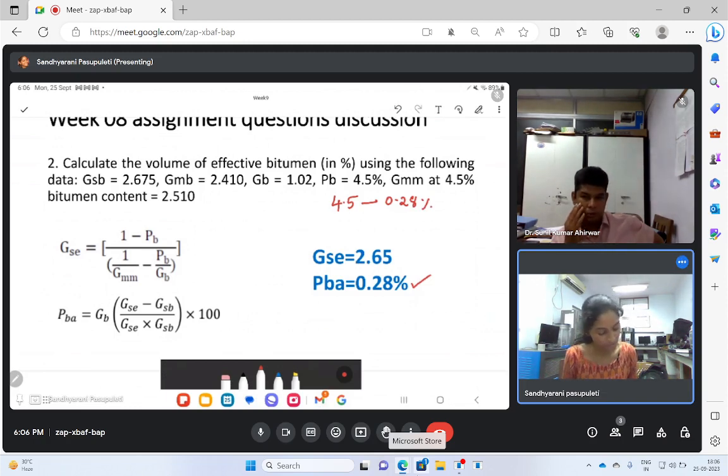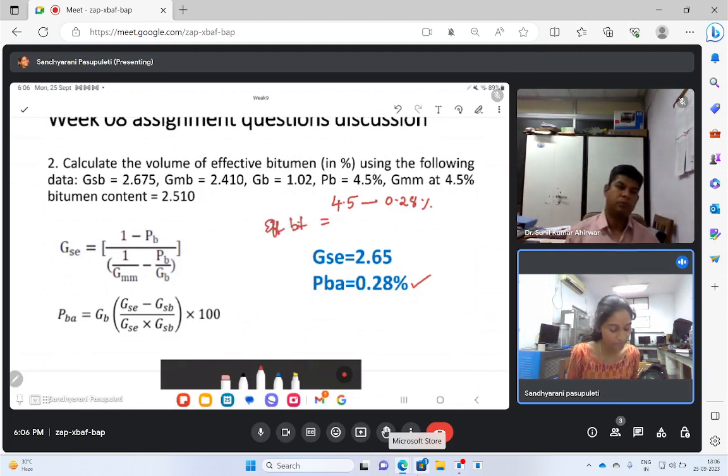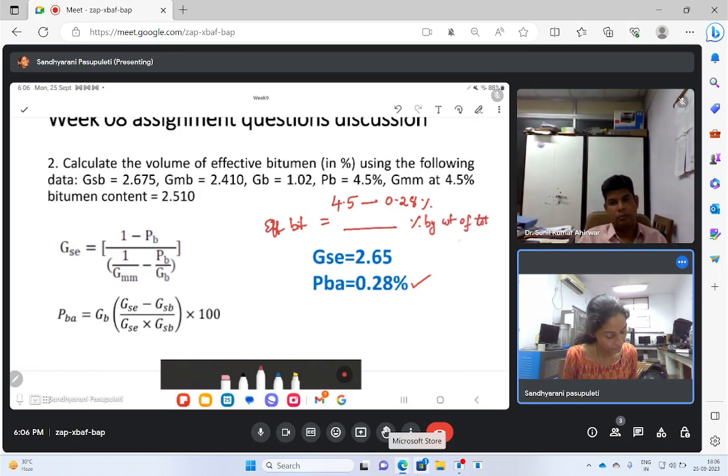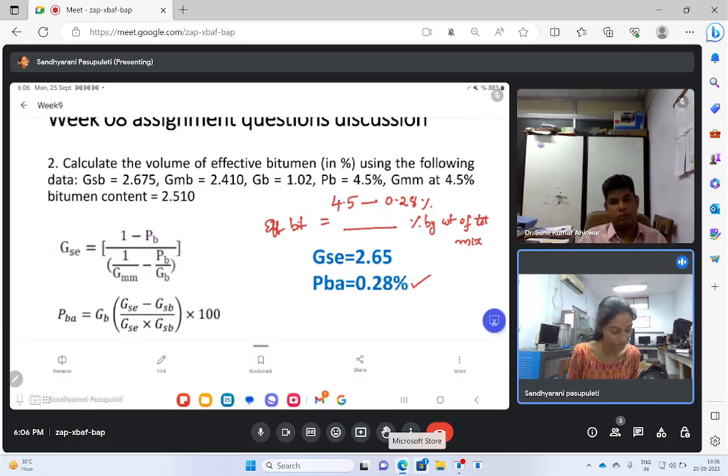If we remove this, you will get the effective bitumen, and we need to observe that this effective bitumen is percentage by weight of total mix. But in the question they have asked to calculate the volume of effective bitumen, so you need to calculate the volume from this, which is by percentage by weight of the mix.